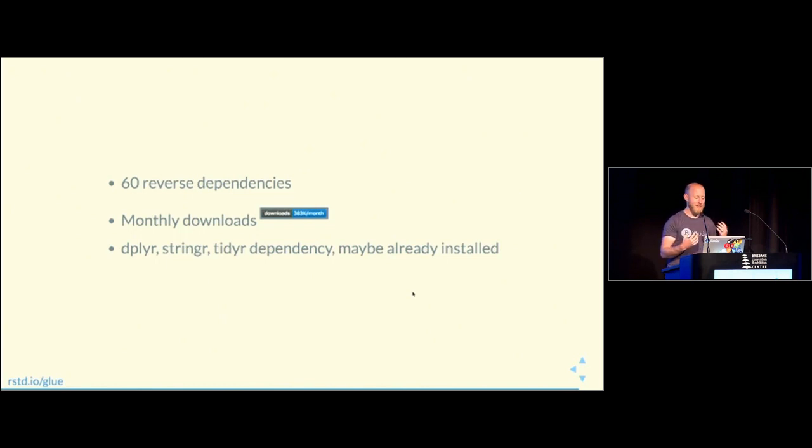It's dplyr, stringr, and tidyr dependencies, so that's where a lot of these are coming from. But what that does give you is that there's at least some robustness to this package. It's being used in the real world by a lot of people all the time, and it's not running into problems. So it's, first of all, often likely already installed on your machine, and if not, it probably doesn't have any horrible bugs.